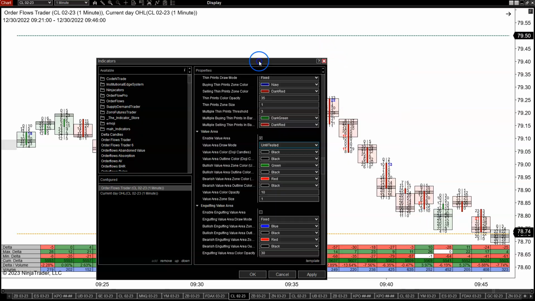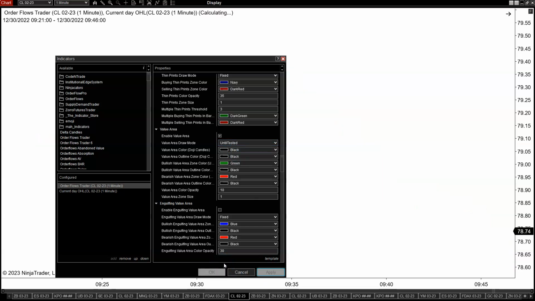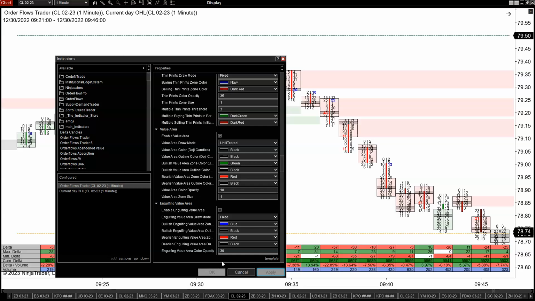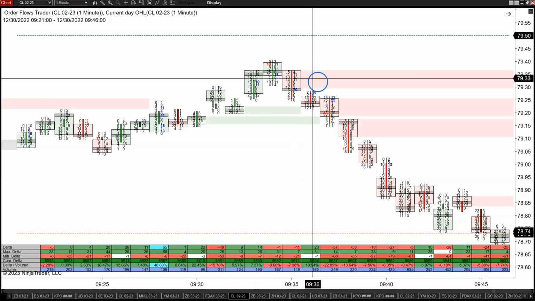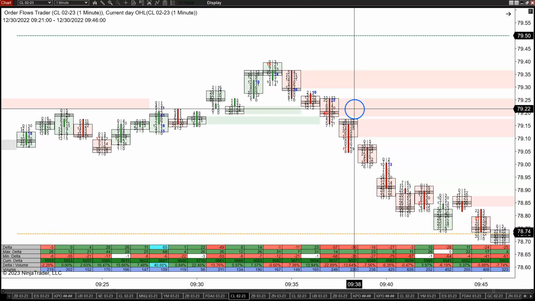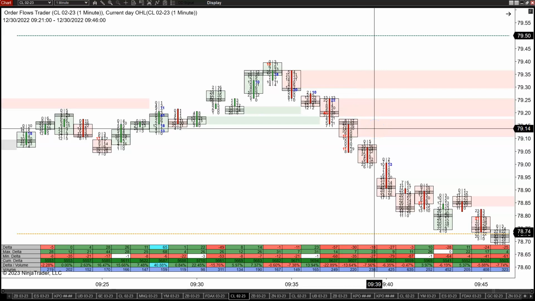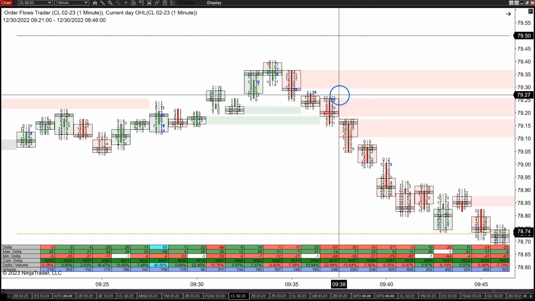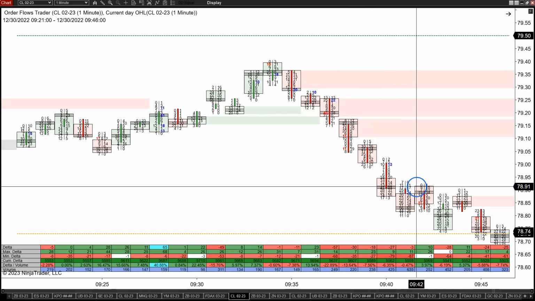Fixed would be either in this bar over a set number of bars, but until tested means that it's going to draw out the value area until the market retests that value area. And when I start seeing them consecutively, here's one, another one, that's this cascading effect. That just gives me a nice visual of a market starting to move down.